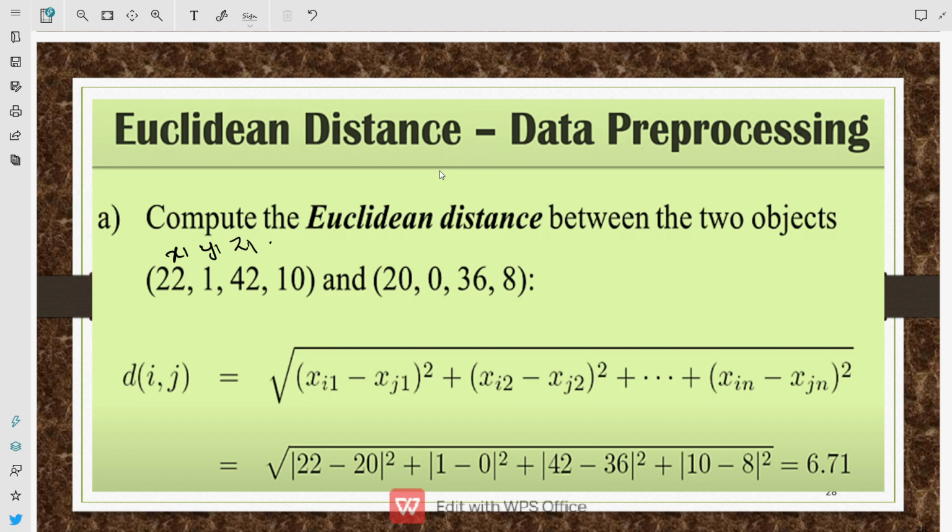So the Euclidean distance is measured like this. You have to practice everything, then only you will come to know how to find these distance measures.